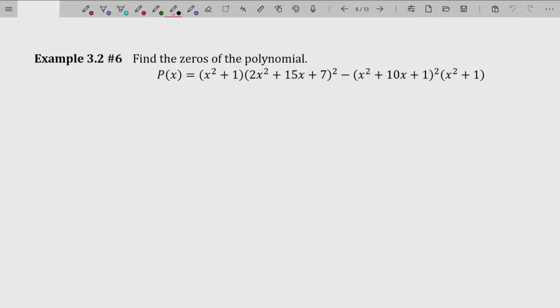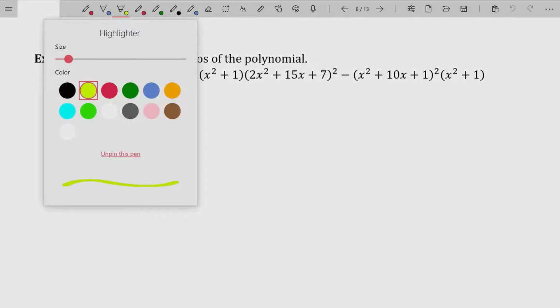So here's an example. Find the zeros of the polynomial. So we have this polynomial here, and it looks like an absolute mess, but we have our background of algebra, we have our background of college algebra, we have our background of trig and arithmetic, all that stuff. So we should know what to do with this. We look for common factors, or basically patterns.